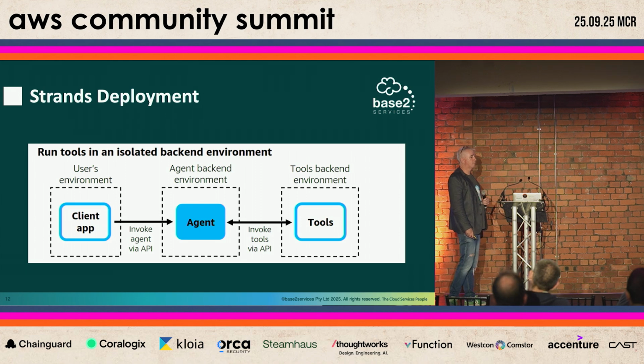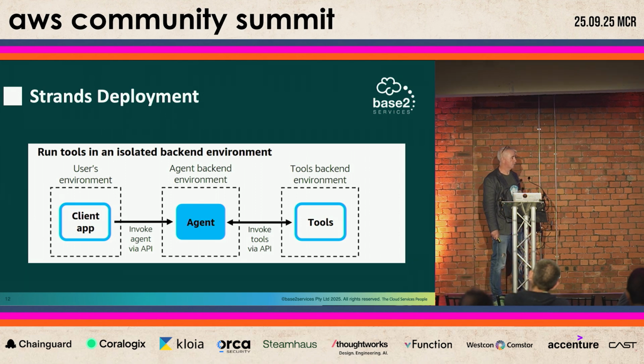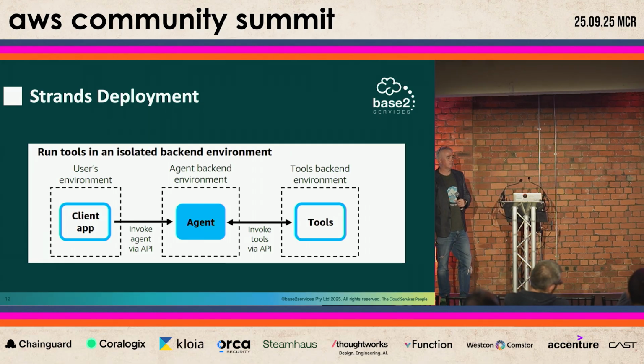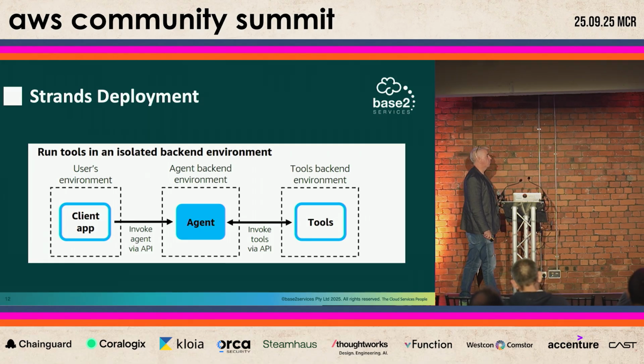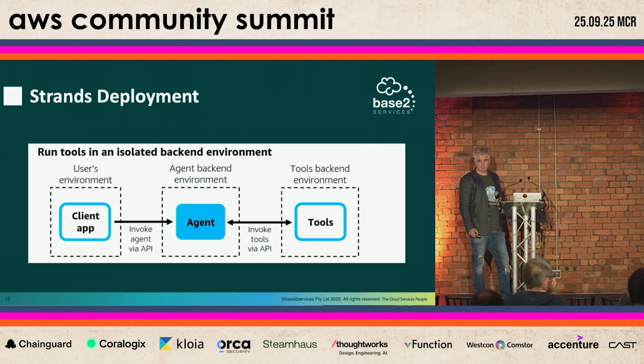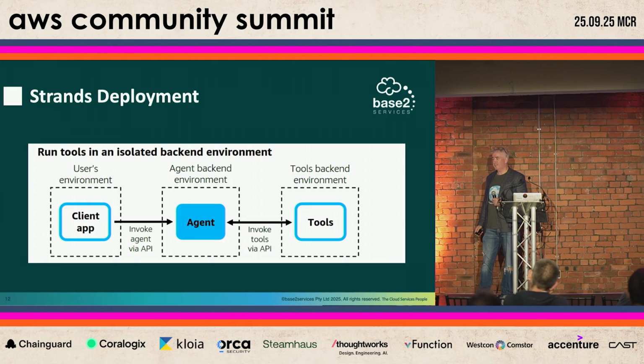So the agent is just orchestrating a bunch of APIs, maybe through Model Context Protocol, or a tool is another agent that it's calling to do that work. This is the typical distributed environment where you've got multiple agents running and accessing each other remotely. Where they're running is irrelevant as long as it can access it via the appropriate protocol.